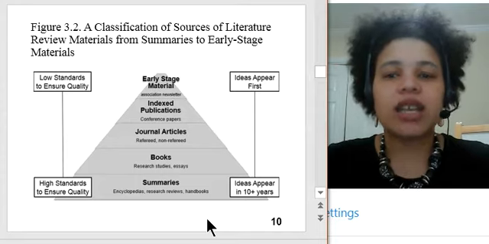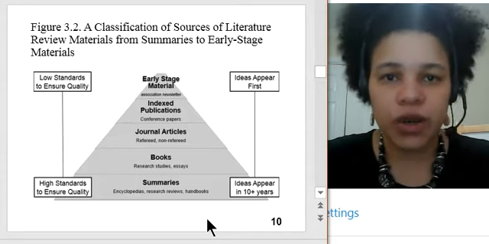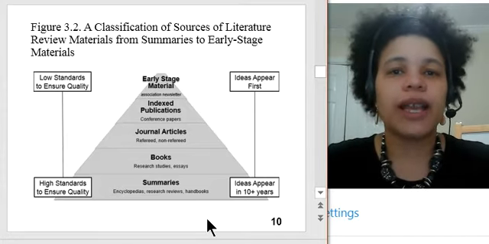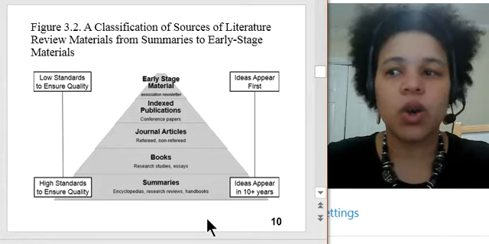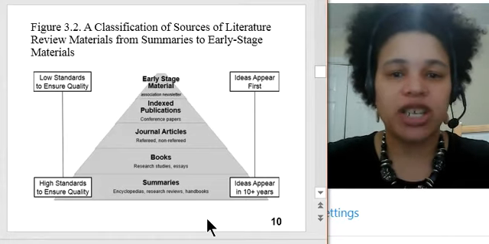slide 10 shows one way of classifying different literature sources, because we want to find high quality but also current sources of information.